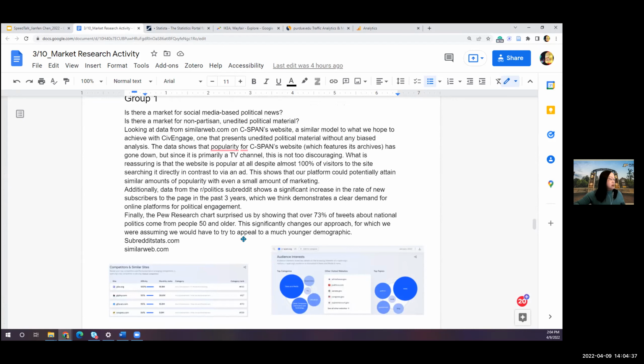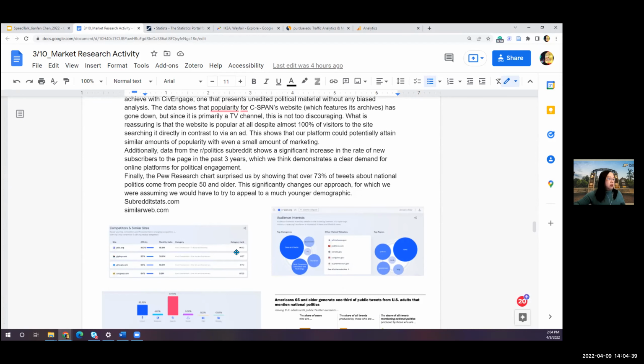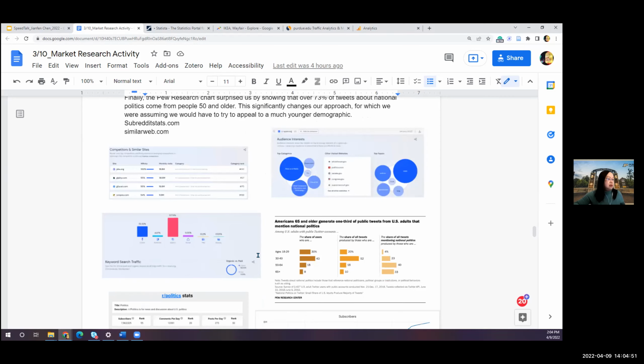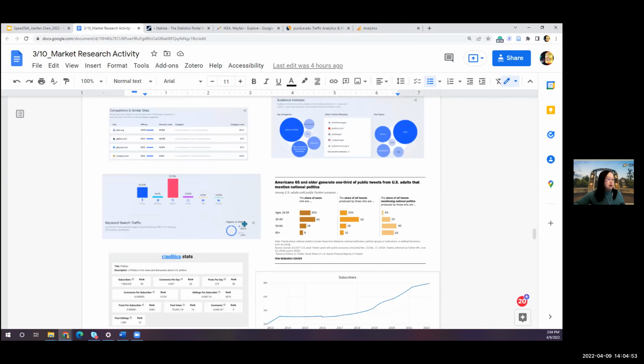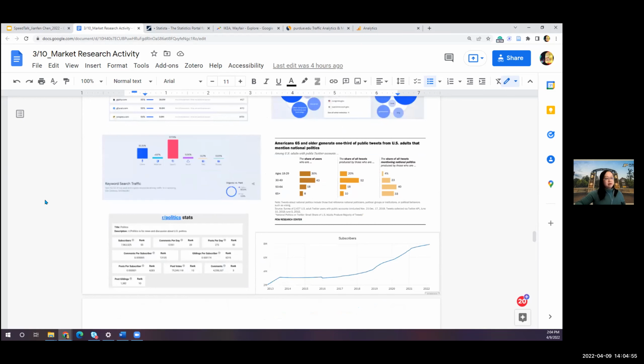And they also use Google Trends to help them identify some of the similar websites to theirs, and also Similarweb, I think, to see some interesting statistics there. So it's very interesting.